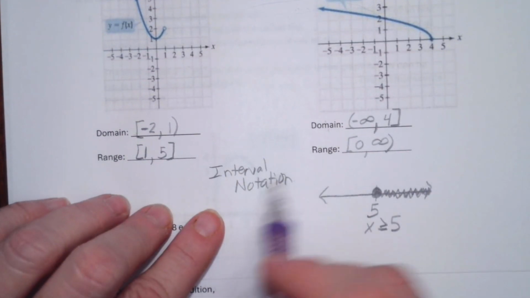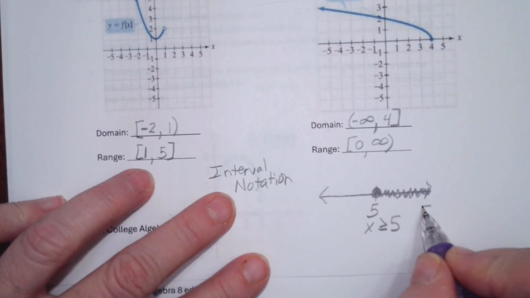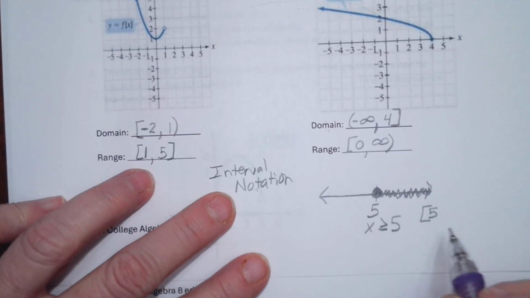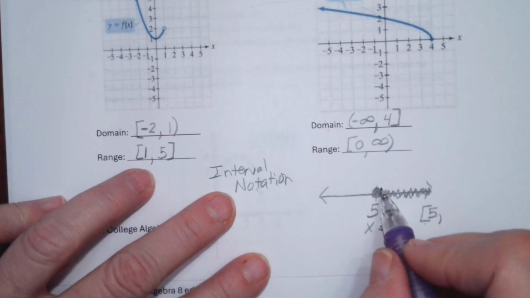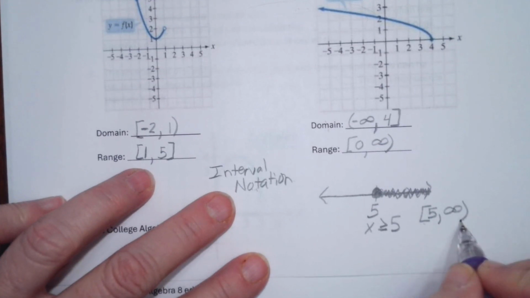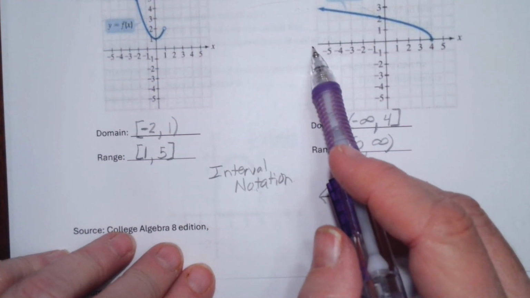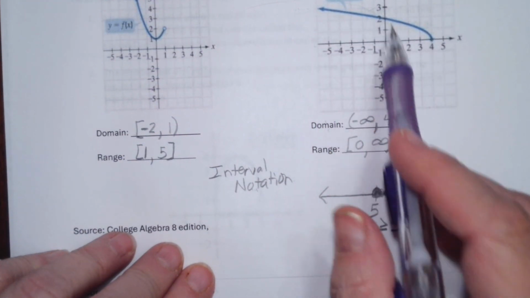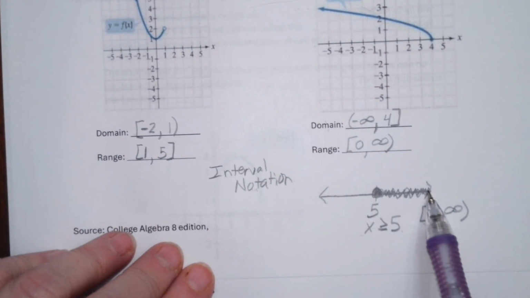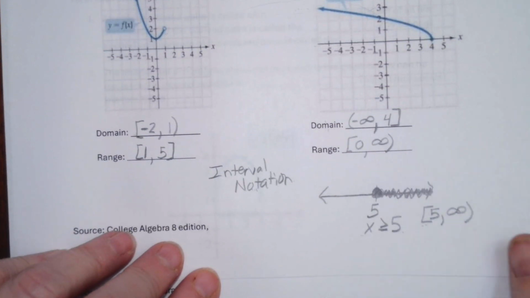Well, if I asked you to put it in interval notation, you would have your starting point, which is 5, which is your closed circle, so I'm using a bracket, comma, and then I'm continuing on to positive infinity. So you can also do it for number lines. Here we followed the x-axis and then we followed the y-axis. But if I'm given an inequality, I can just write this on a number line and then do interval notation. Just kind of a side note.